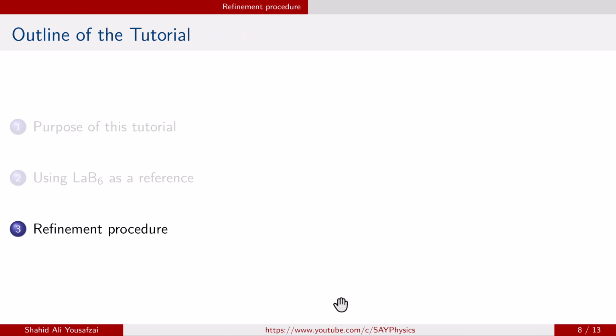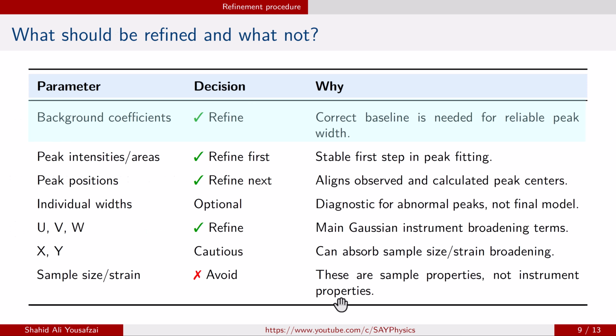The refinement must be done in a controlled order. We refine the background because the baseline affects peak intensity and width. Then we refine peak intensities or area first because they are the most stable parameters. After that, we refine peak positions to align the calculated peaks with the observed peak centers. Individual peak widths may be refined only as a diagnostic step to identify abnormal peaks or outliers.